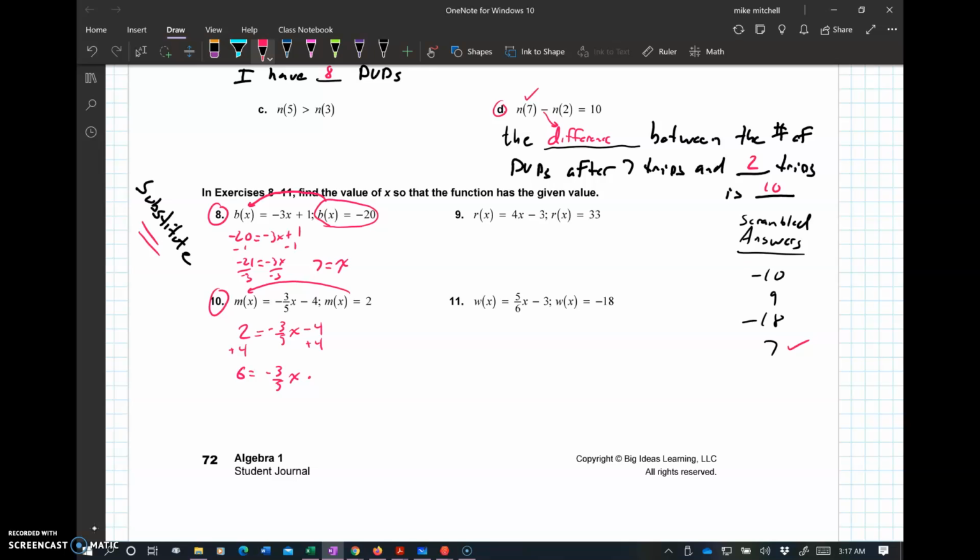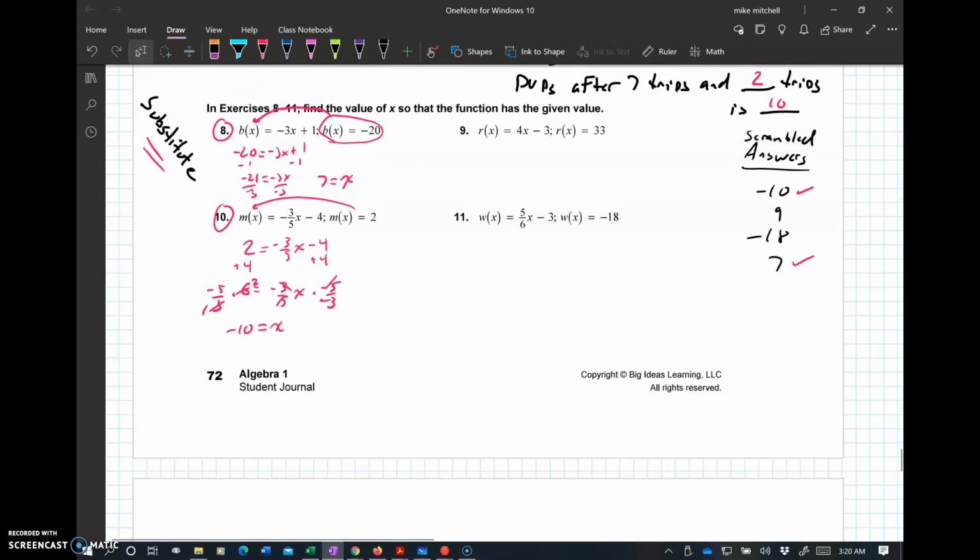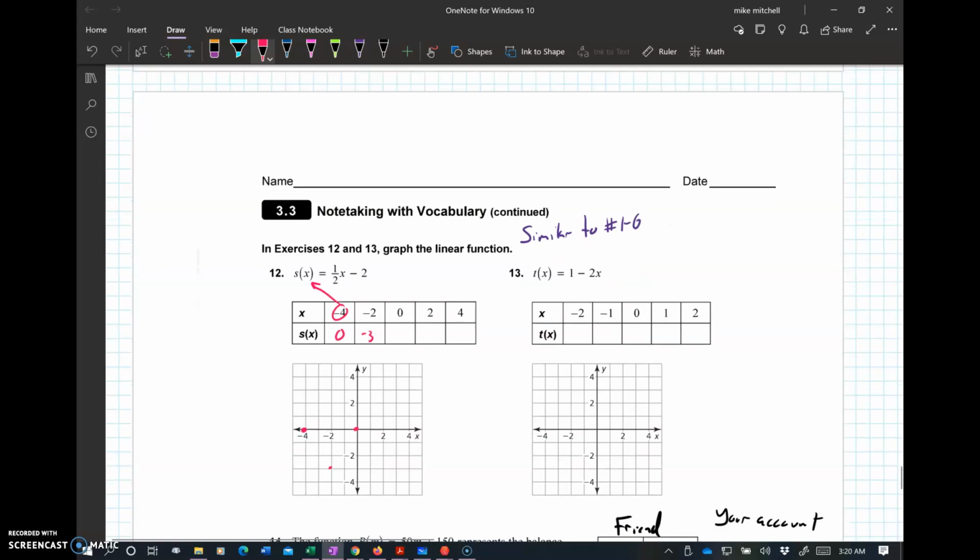I'm going to multiply by the reciprocal, negative 5 over 3 times negative 5 over 3. I always reduce first. 1 and 2. Negative 5 times 2, there's negative 10 equals x, because everything canceled out over there, and the negative times negative is positive. And go back here, I forgot to mention it. You can see we got the negative 10 for our answer there, so we're looking good.